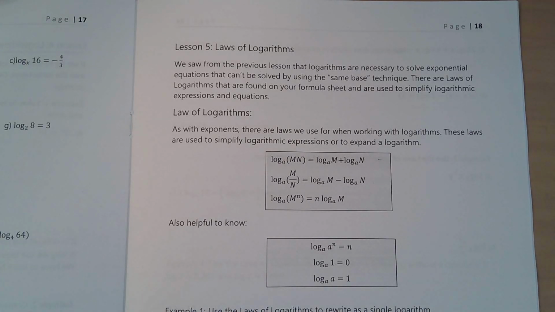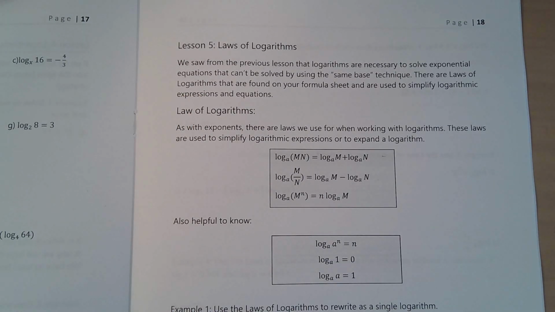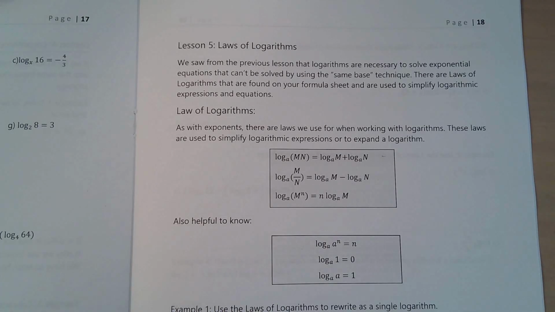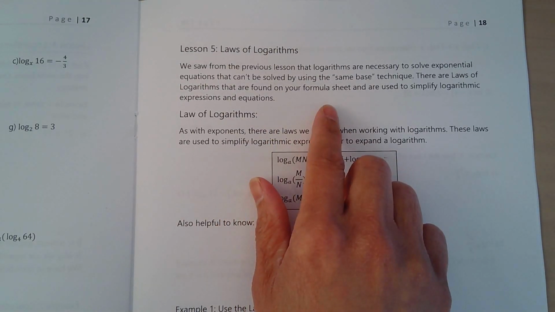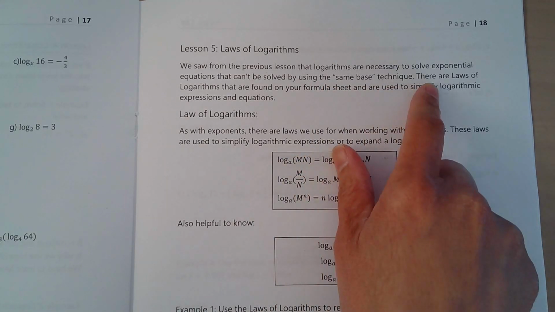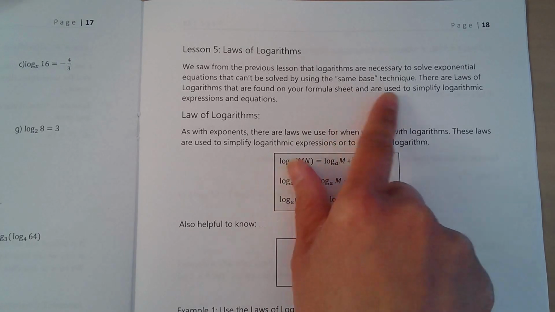Okay, so now we're at lesson 5, which is laws of logarithm, and we're gonna get started. So it says here, from the previous lessons 3 and 4, particularly lesson 4, that we saw logarithms are necessary to solve exponential equations that can't be solved using the same base technique.